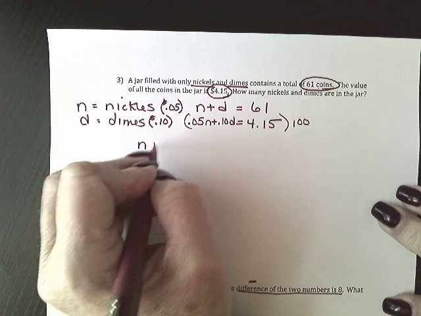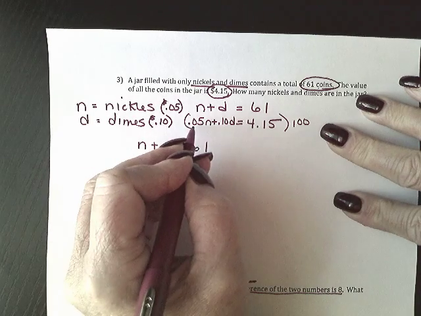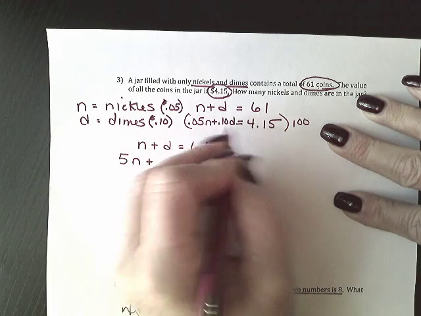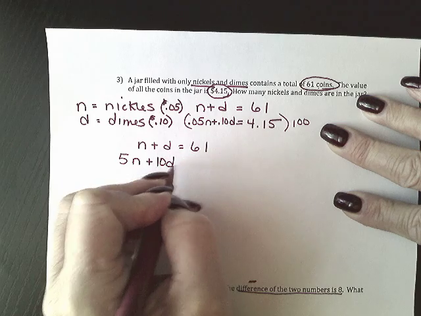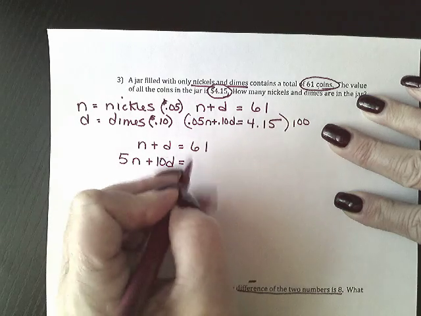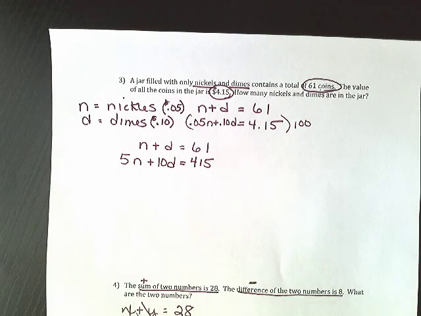So my N plus D equals 61. 100 times 5 hundredths is going to give me 5N. 10 hundredths times 100 is going to give me 10D. And 415 times 100 is going to give me 415. Now I got rid of the decimals. Now it's going to be easy for me to work with.